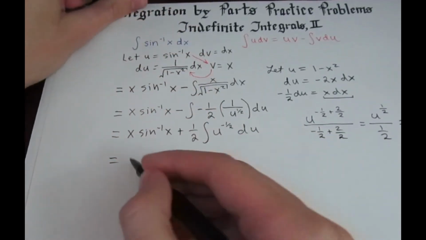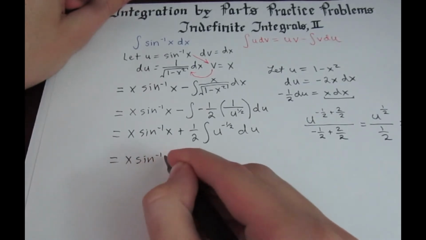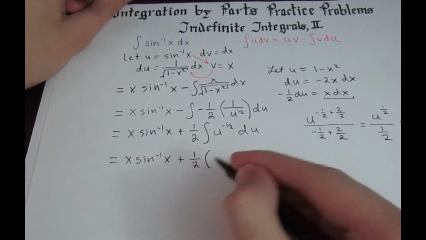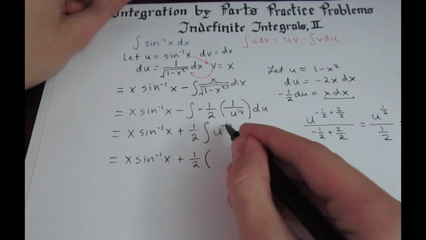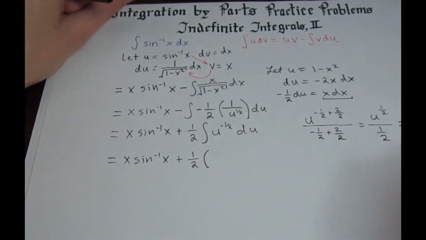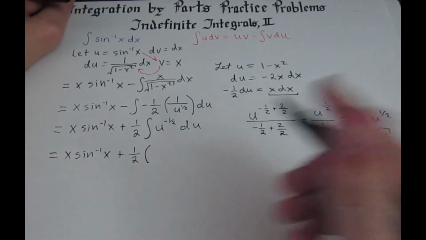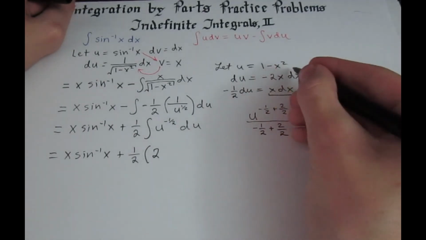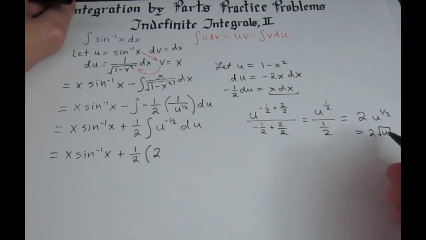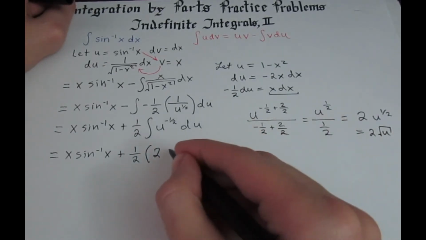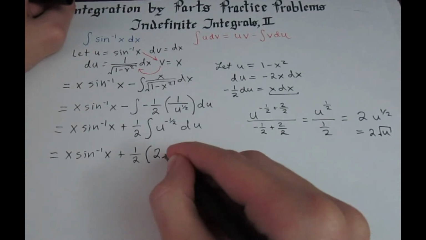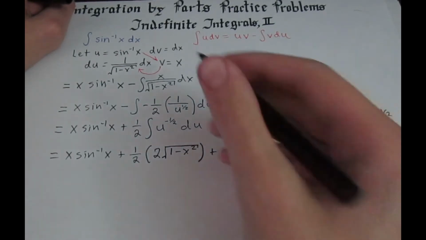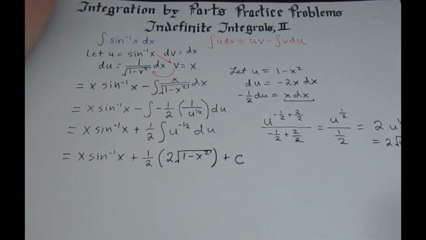So what we have so far is x sine inverse of x plus 1/2 times the integral of u to the negative 1/2 du, which we already solved. So that's going to equal 2 times the radical of u. Now u equals 1 minus x squared, so this is the same as substituting back in the radical of 1 minus x squared, plus c, which we cannot forget because we are dealing with an indefinite integral here.